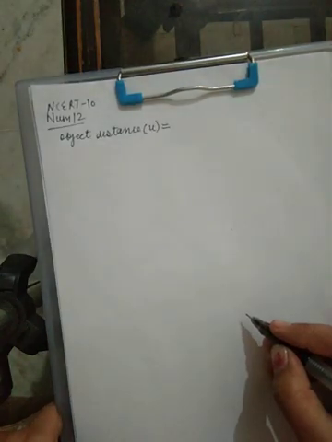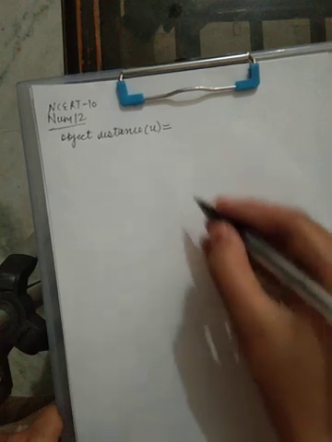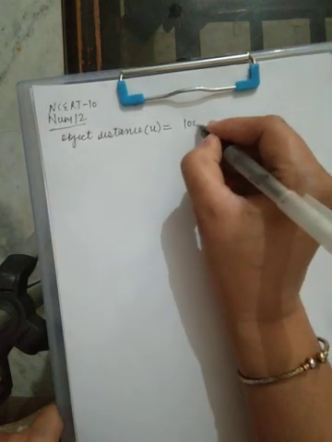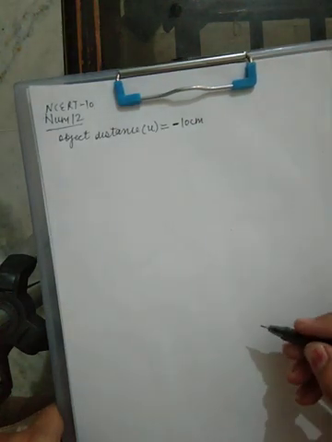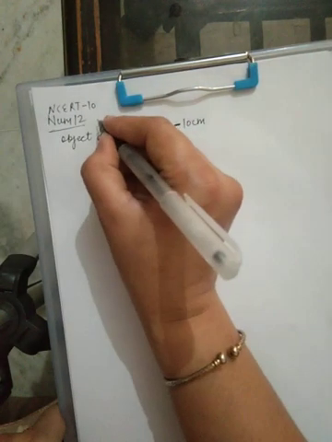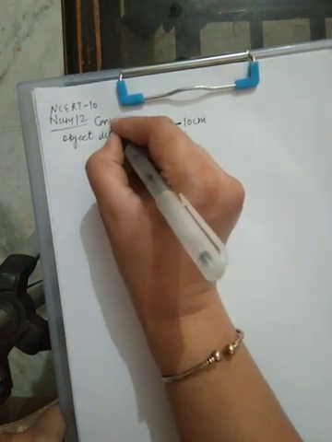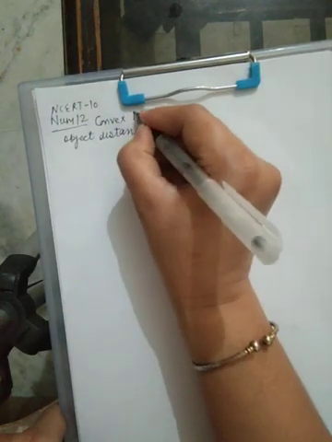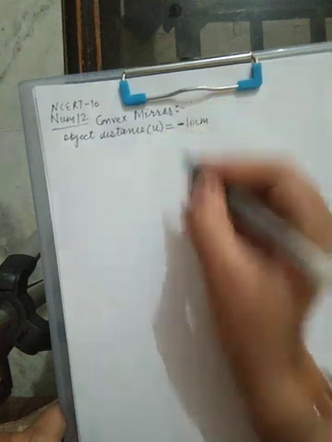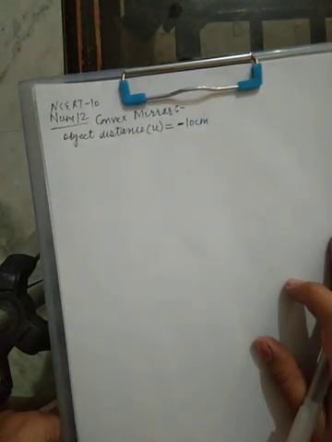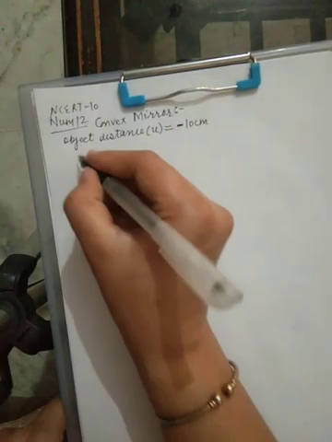The object is placed at a distance of 10 centimeter, and U is always negative, so minus 10 centimeter from a convex mirror, having focal length 15 centimeter.